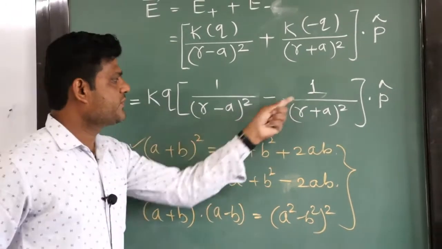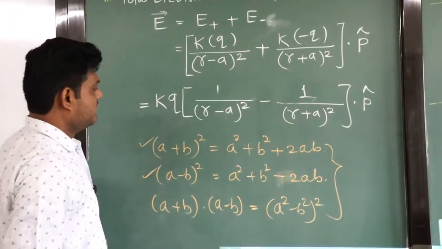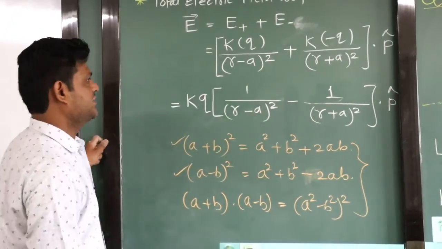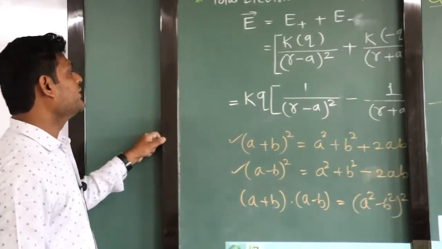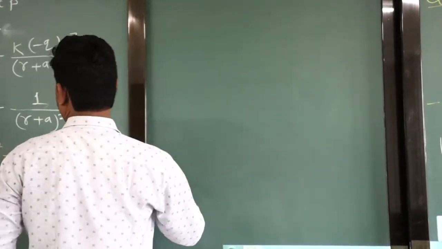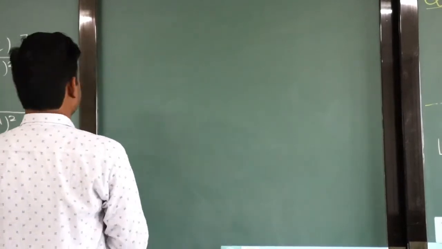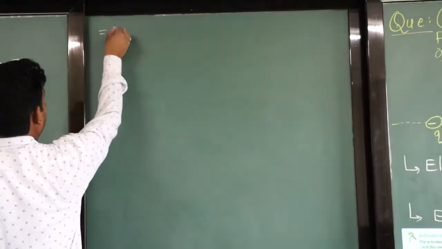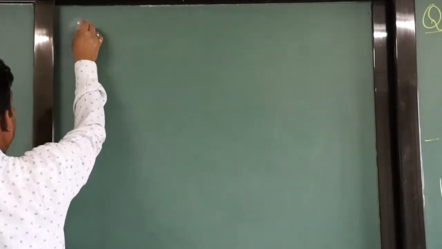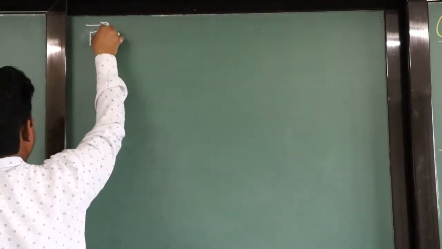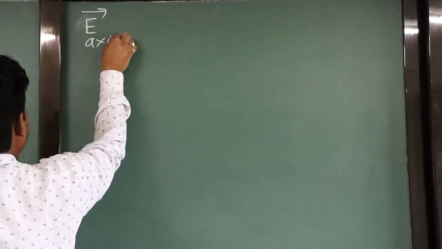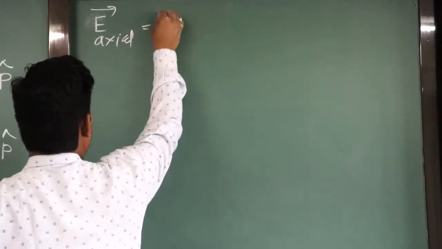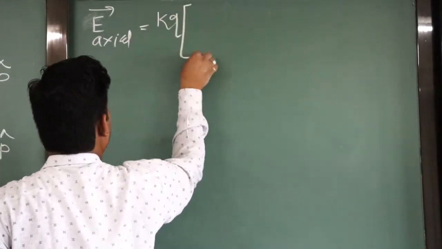So taking the cross multiplication, see what we will do. See the next step, E equal to, this E is also known as the E axial, k outside, right?